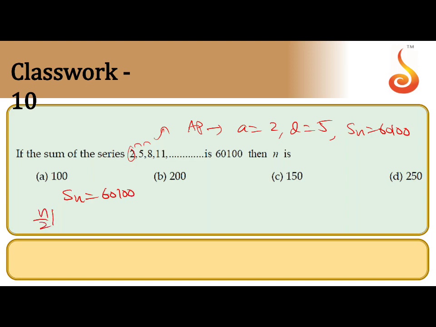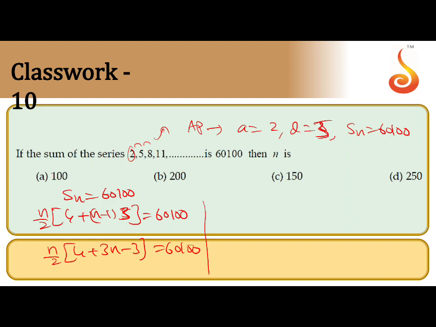So Sn equal to 60100. Sn is n by 2 into 2a, 2 into 2 is 4, plus n minus 1 into d. d is 3, sorry, the difference is 3. So that means 4 plus n minus 1 into 3 equals 60100. So you can simplify. n by 2 into 4 plus 3n minus 3 equals 60100.